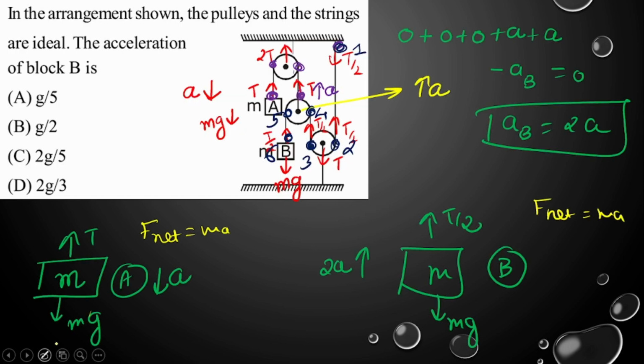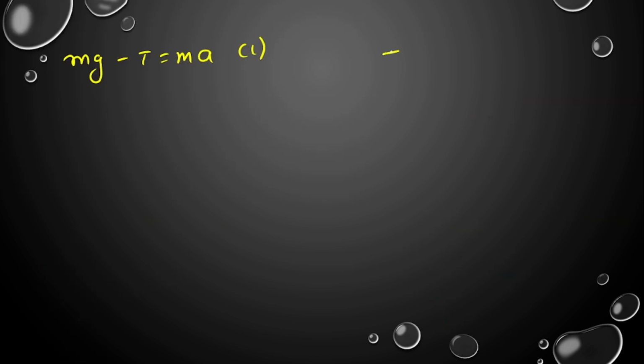And for point B, T by 2 minus mg equals m into 2a. Here we have written F net equals ma, and here again F net equals ma.